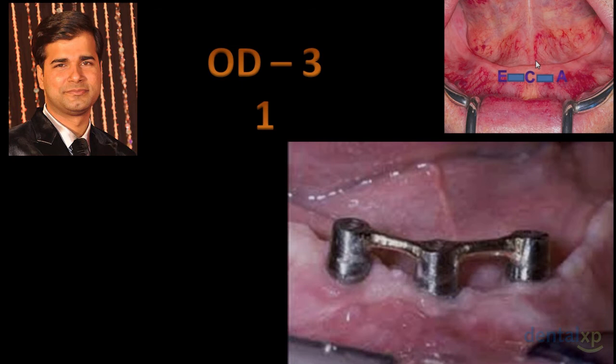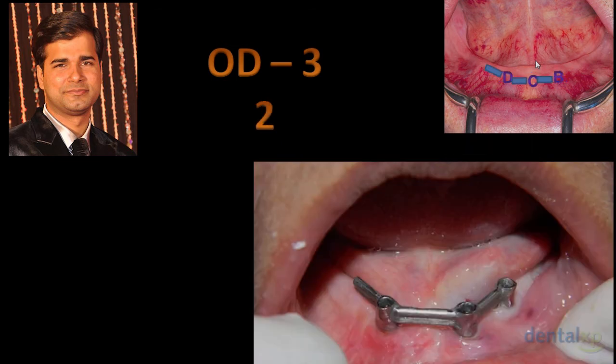If that doesn't happen, that is, the posterior ridge form is poor, the implants are placed in the B, C and D region. The posterior ridge form determines the posterior lingual flange extension of the dentures, which limits the lateral movement of the restoration.